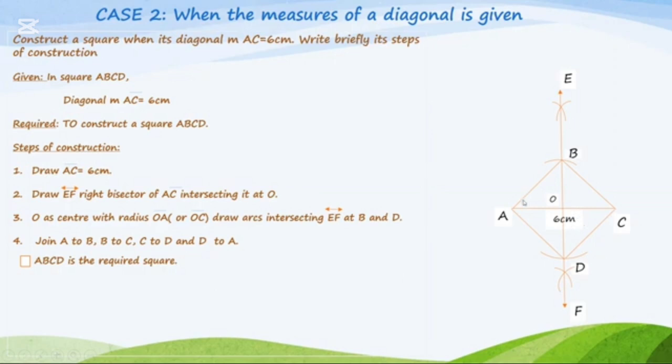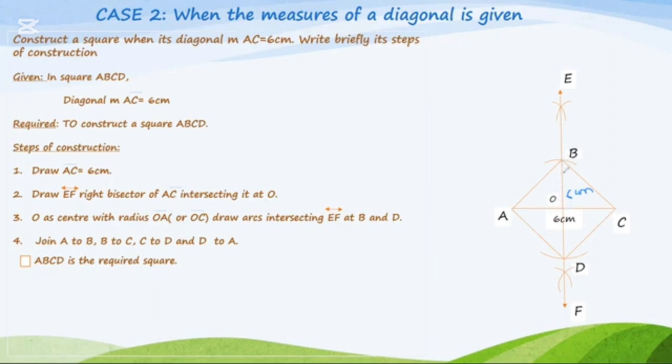Now students, when you measure this BD, it must be equal to 6 centimeter. And if BD is equal to 6 centimeter, that means your construction of square is correct. Okay.